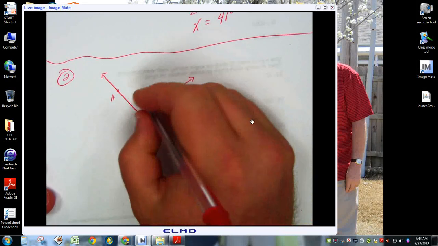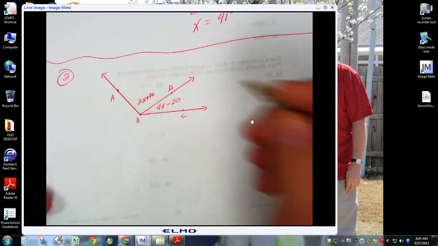And who knows if I've got this written to scale or there's just no telling.